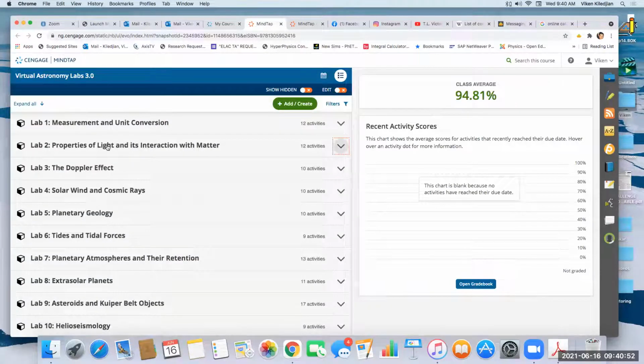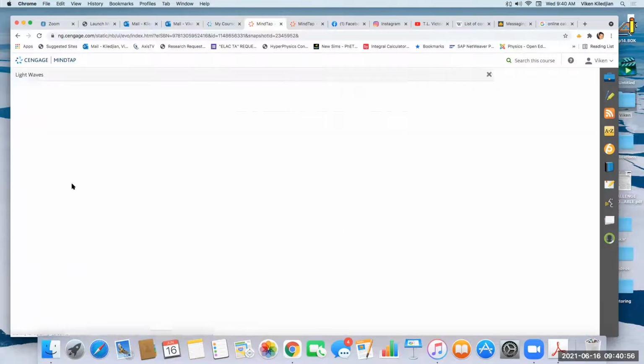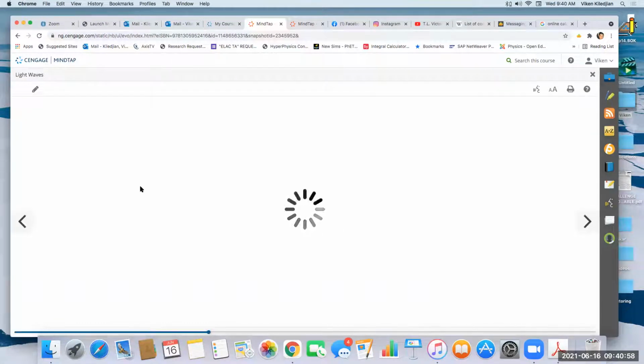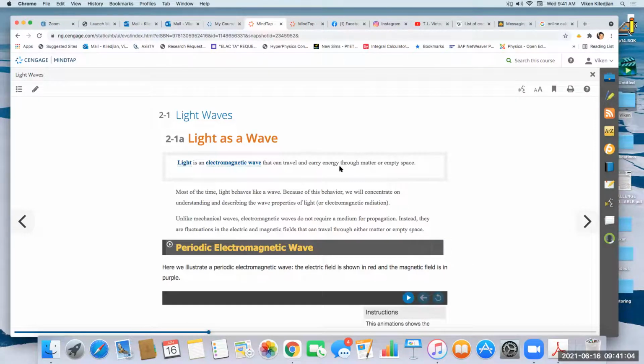Then let's go to the second one, light waves. So light is an electromagnetic wave that can travel and carry energy through matter or empty space. So light is unique because it doesn't need, let's say, air to travel through, unlike sound waves.